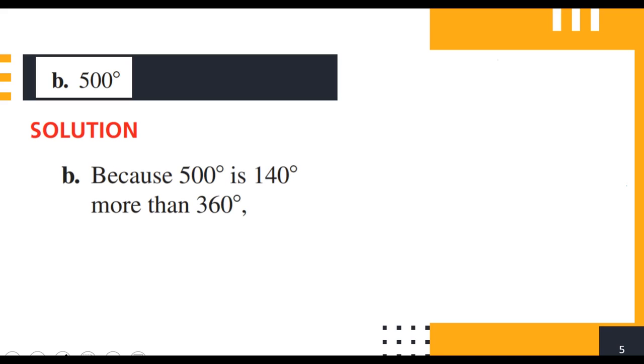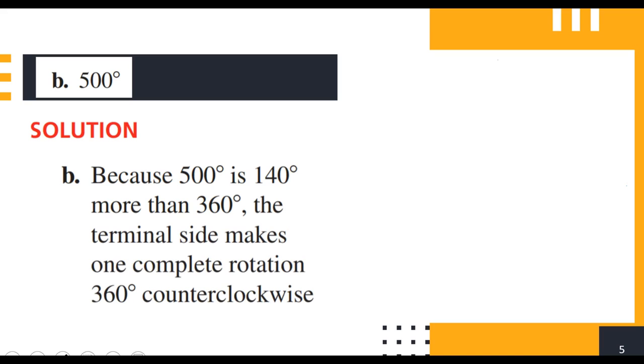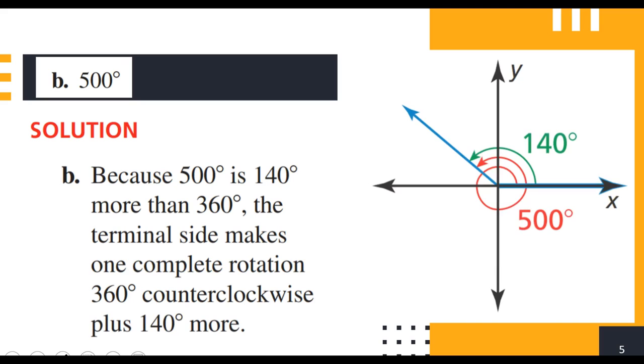Another example, 500 degrees. Again, this is positive, so we are rotating the terminal side counterclockwise. The solution will be, since 500 is 140 degrees more than 360, the terminal side makes one complete rotation. Remember, one rotation is 360. If you try to draw that, same thing, your initial side should be on the positive x-axis, while its vertex is at the point of origin.